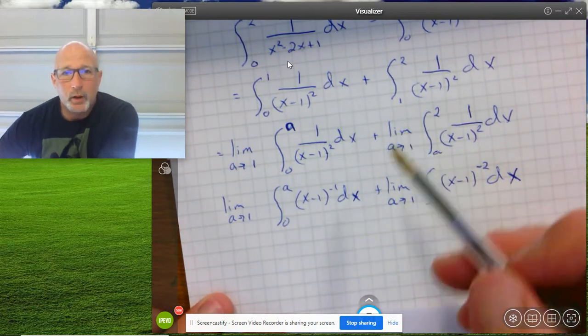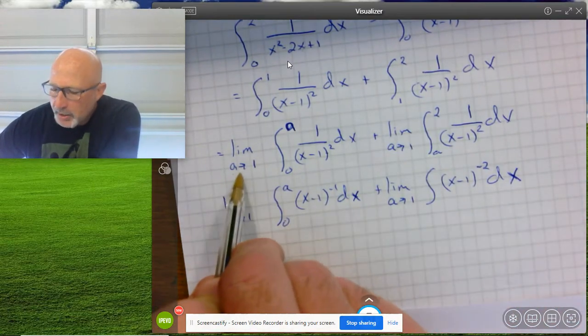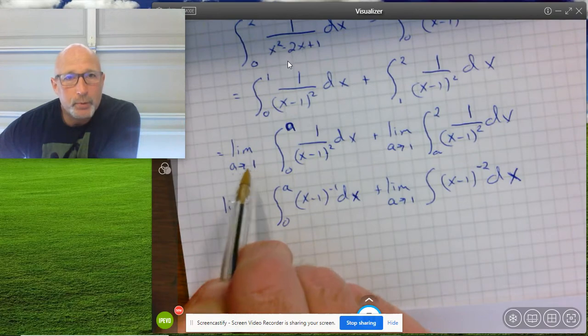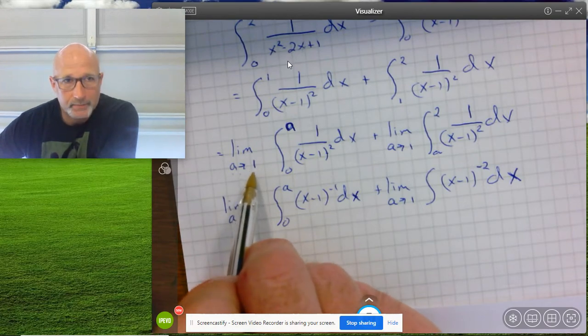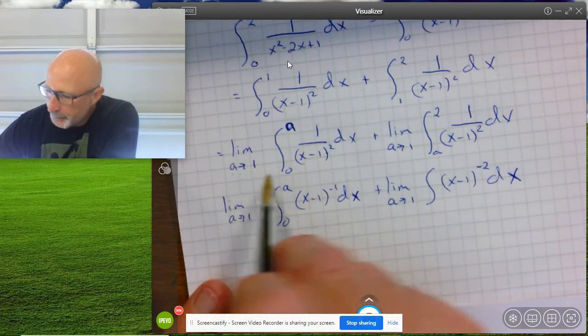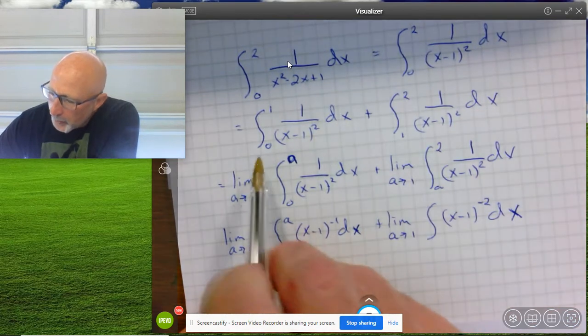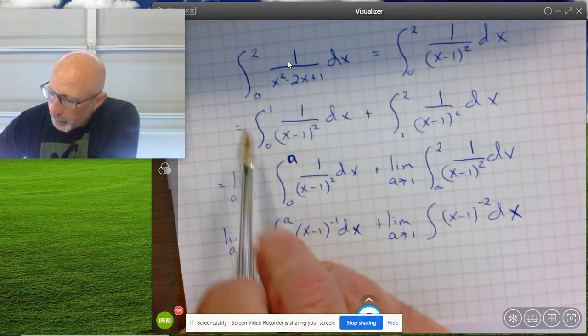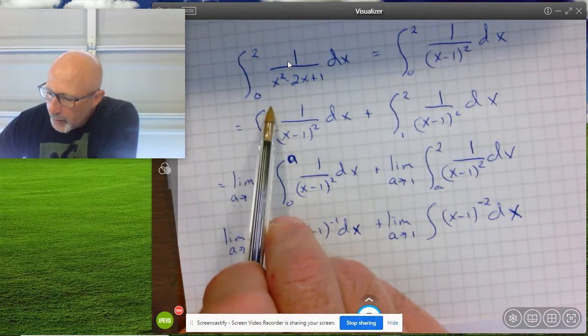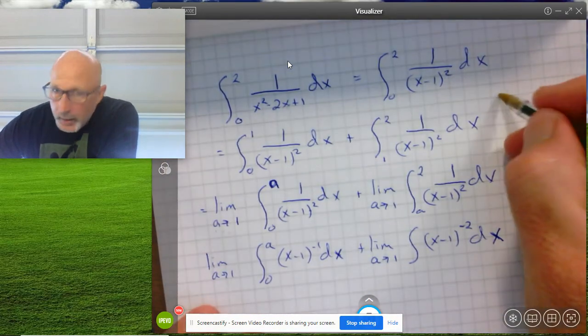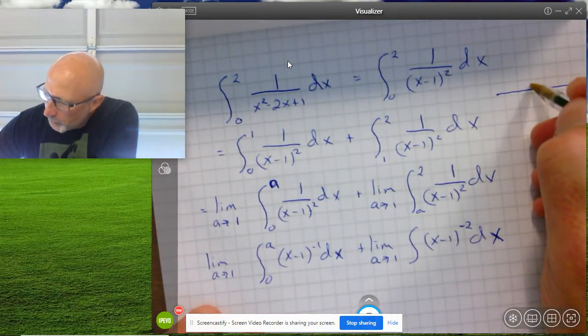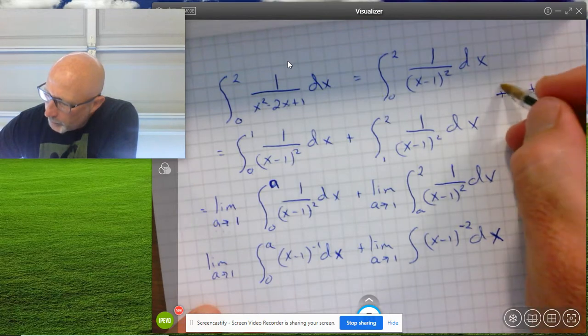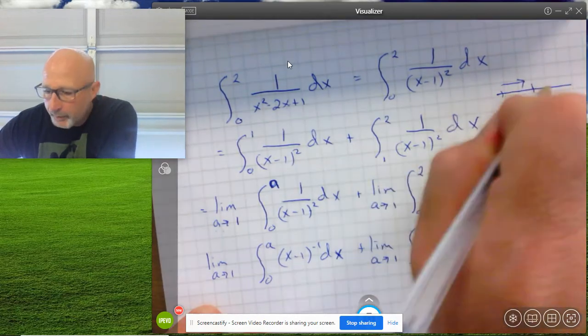Because I can't plug in 1. But I'm not approaching 1 from both sides. I'm only approaching 1 from one side, right? This is a one-sided limit. So if you go back up here and I split it here, so I'm going to go from 0 to 1. That means if you look at it like on a number line, so here's 1. And if I'm going from 0 to 1, I'm approaching it from the left-hand side.